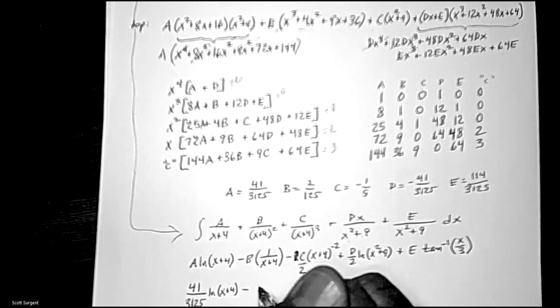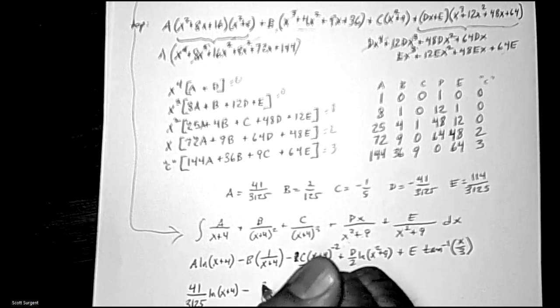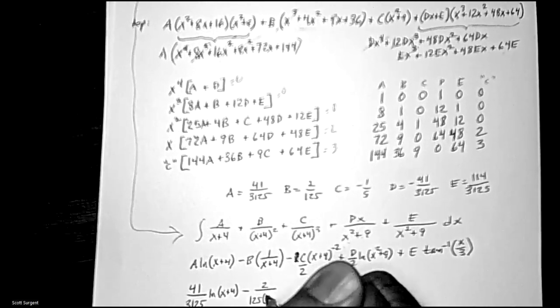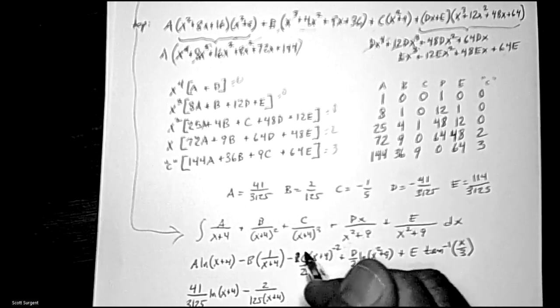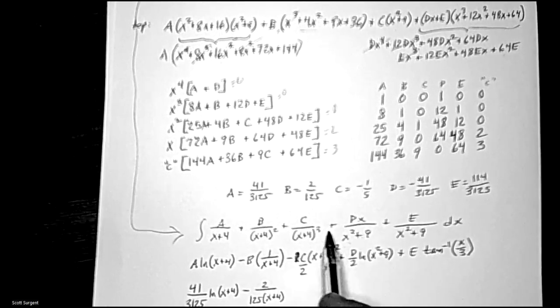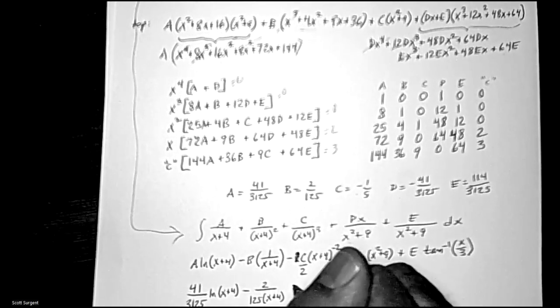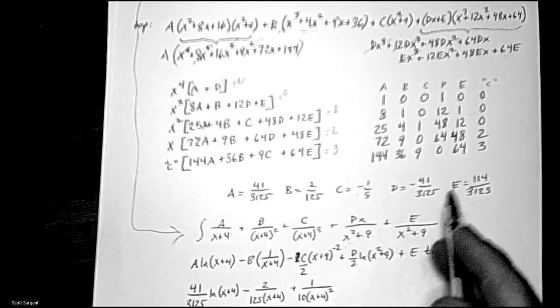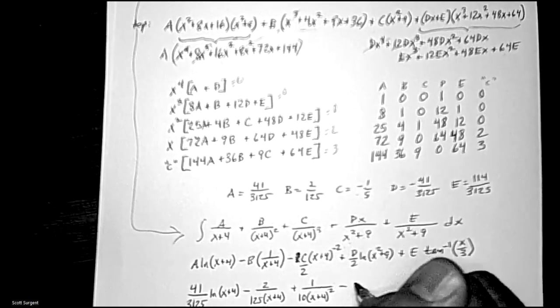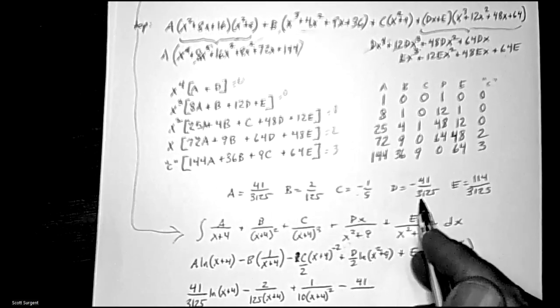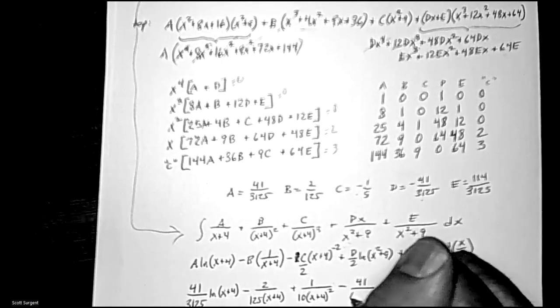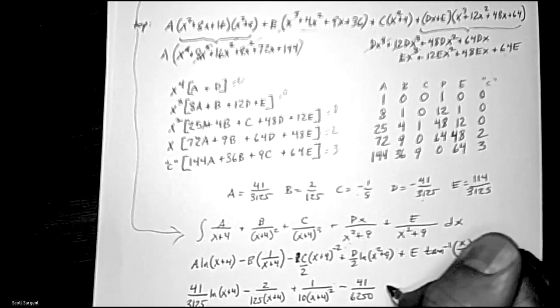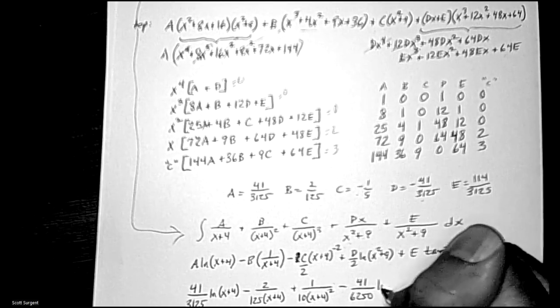This one would be 2 over 125 times x plus 4. This is C divided by 2, so it'll be negative 1/10. And actually, this would be a plus. I don't even want to mess around with that. This would be negative 41 over 6250.